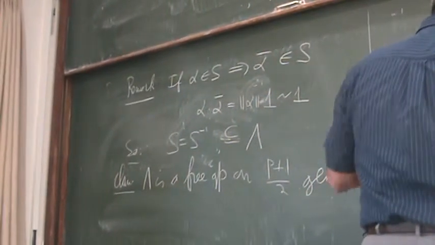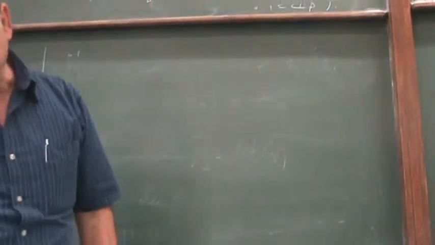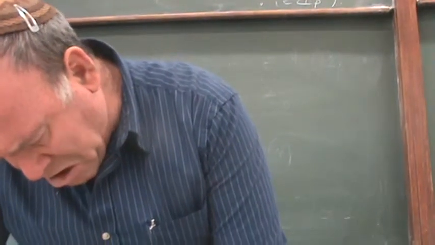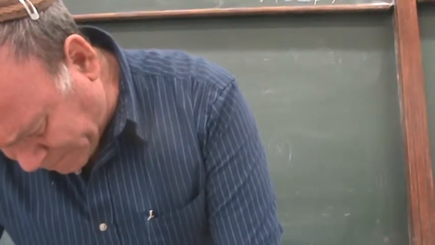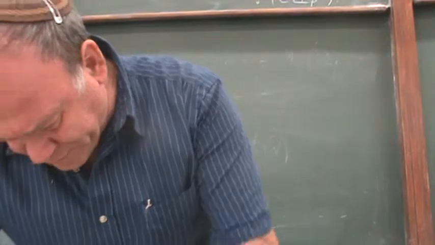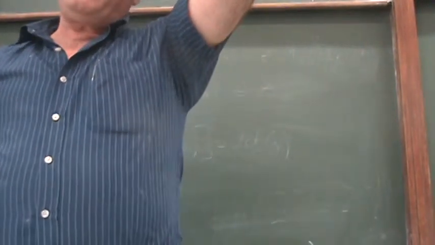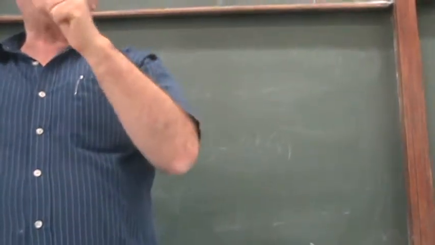What's the best way to say it? What do you have to prove in order to prove that something is a free group? You can do ping-pong, but I can give you several proofs.